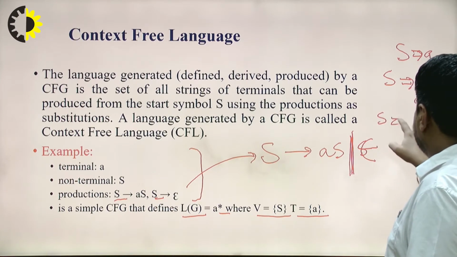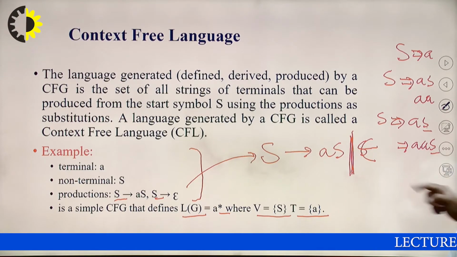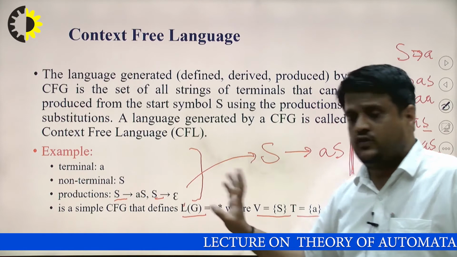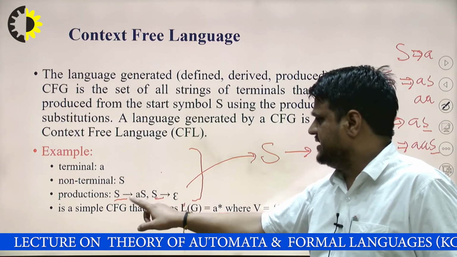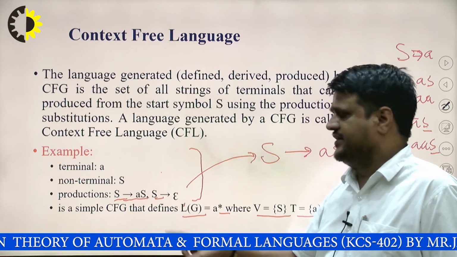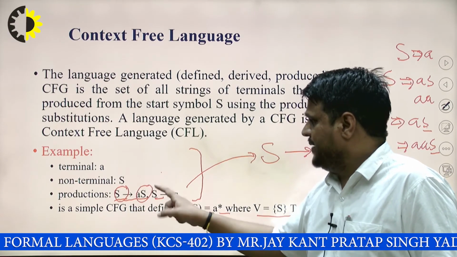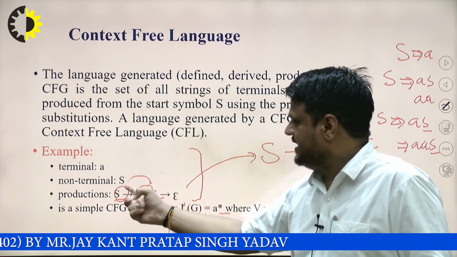The third time you can take AS and substitute this S by AS again, and after that this S is replaced by the production rule's right hand side. Here you can notice that the production is applied in a forward manner, meaning the left hand side is replaced by the right hand side, but the right hand side inside the string cannot be replaced by the left hand side.